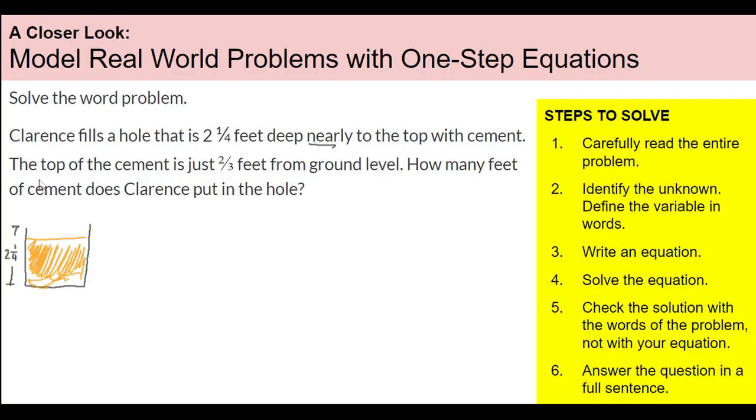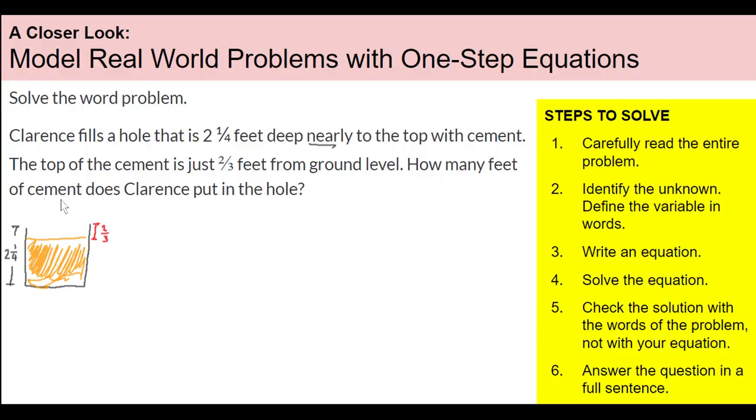Okay, and it says the top of the cement is just 2/3 feet from ground level. So that means it's not from the top of the hole, it's from the top to the bottom of the cement. From ground level, it's 2/3 feet.